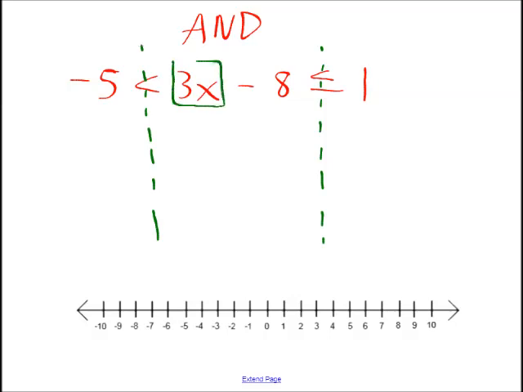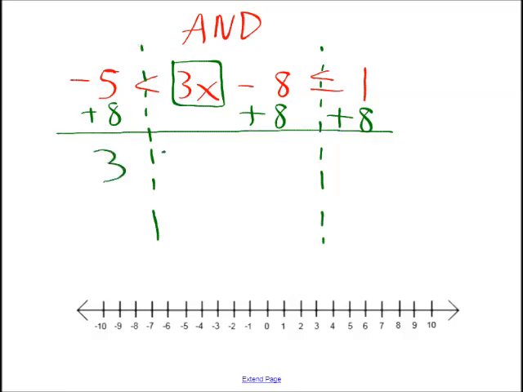So if I want to isolate this 3x first, I'm going to add 8 to both sides. But instead of doing it to both sides, we actually do it to all three sides. We'll work our way left to right. We have positive 3 is less than 3x, which is less than or equal to positive 9.